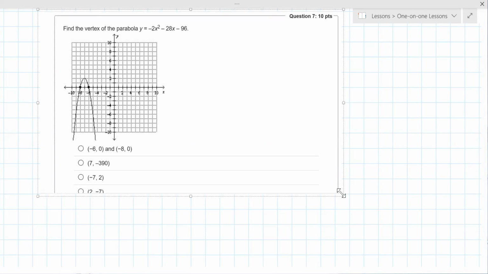I can't hear anything you're saying. -6, 0, and -8, 0. That's completely wrong. Means either you're not paying attention or you don't care or I have no idea, but the vertex is 1 point on the graph.